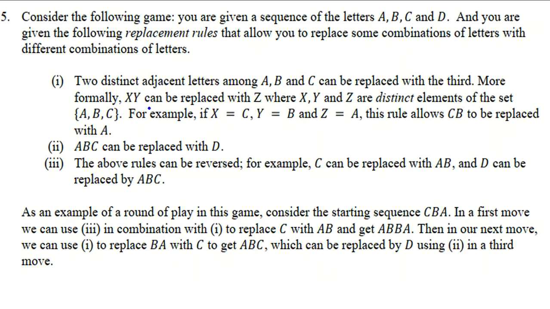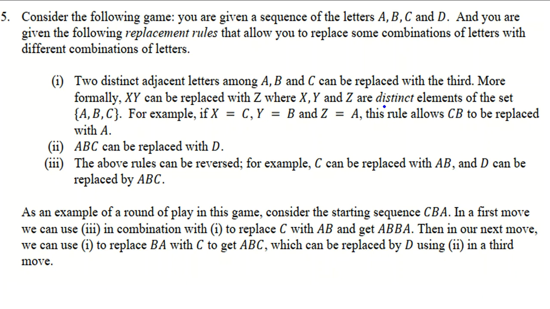More formally, XY can be replaced with Z, where X, Y, and Z are distinct elements of the set A, B, C. For example, if X is C, Y is B, Z is A, this rule allows CB to be replaced with A. So you can replace 2 adjacent CB with A, or AC with B, or BC with A. And the order is not important.